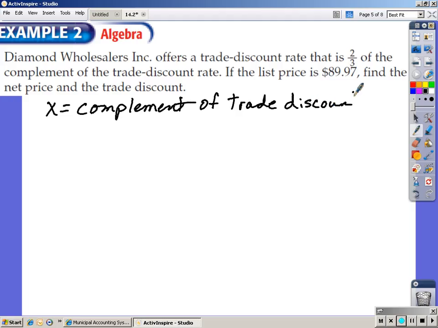Okay? And remember, the complement is what you actually pay. That's the percent you actually pay. Now, the trade discount is 2/3 X. All right? It says the trade discount rate is 2/3 of the complement. All right? So, 2/3 X is the trade discount rate.